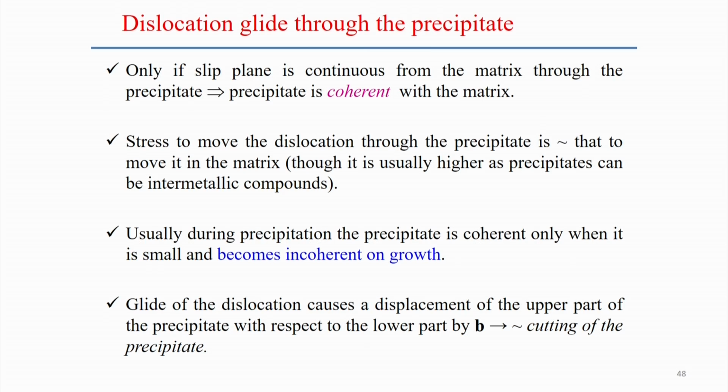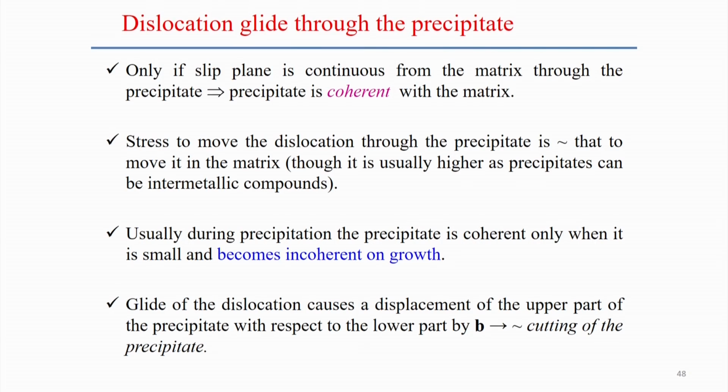Usually during precipitation, the precipitate is coherent only when it is small and becomes incoherent on growth. So when we explain this mechanism, we can neglect the growth of the precipitates.